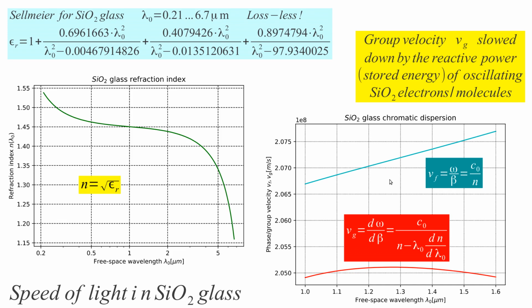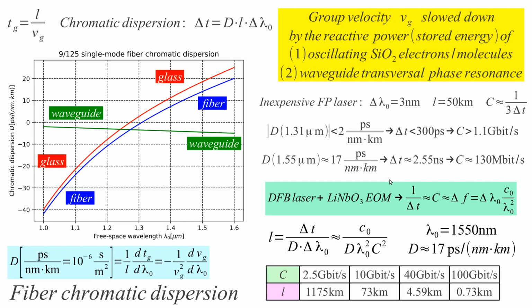But now we are making a waveguide out of glass. And making a waveguide out of glass, the waveguide also has some effect, although at least an order of magnitude smaller than the effect of glass. The waveguide actually, the longer the wavelength, the more field the waveguide has in the cladding, the less field in the core.